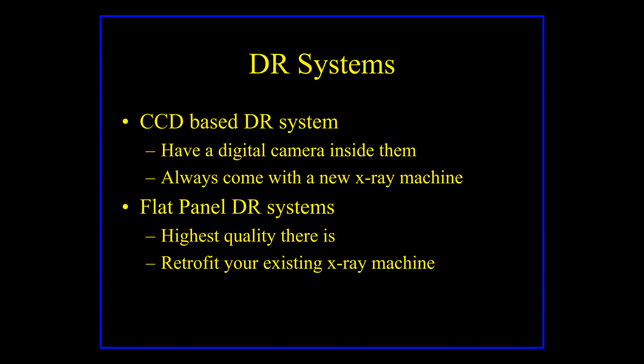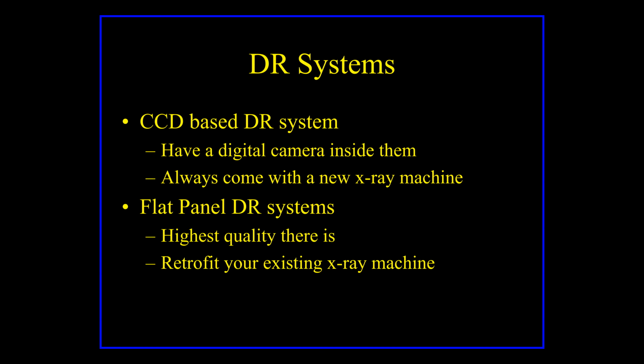So some of the crappy DR systems are CCD based systems, and CCD is an acronym that stands for charge coupled device. Basically, it is an x-ray system that is built around and powered by a digital camera, just like in your phone. The CCD chip is about the size of a postage stamp.